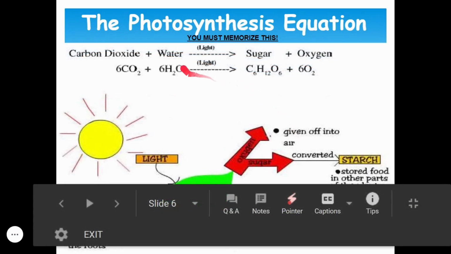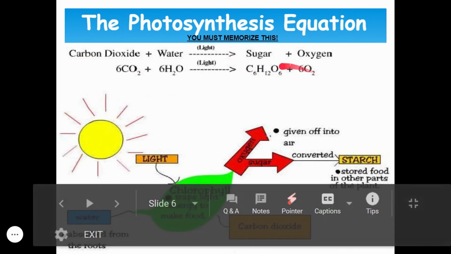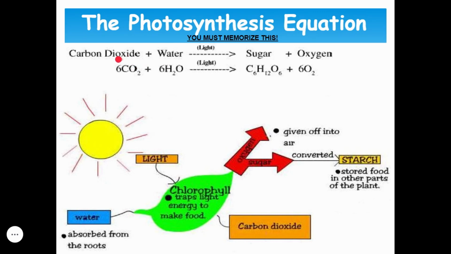So you'll need to memorize it two ways. You'll need to memorize it in words, like at the top, and you'll need to memorize it in chemical symbols, like at the bottom. So I'm going to read it both ways for you now.